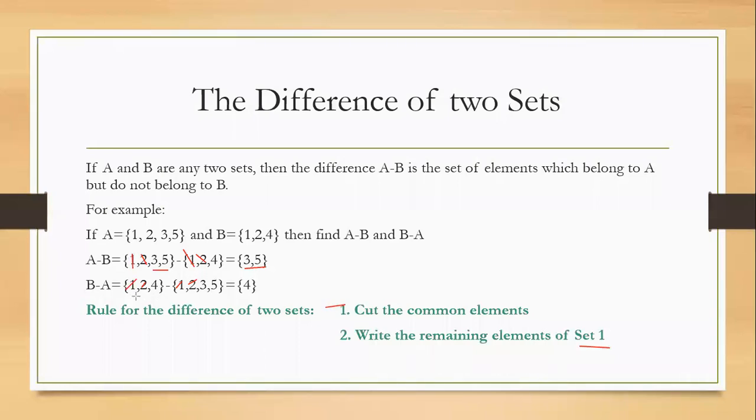Now, in this question, set 1 is B. So, the answer will be B only. Why? Because we have to write the remaining elements of set 1. Note down these two rules. Just cut the common and write the remaining elements of set 1.